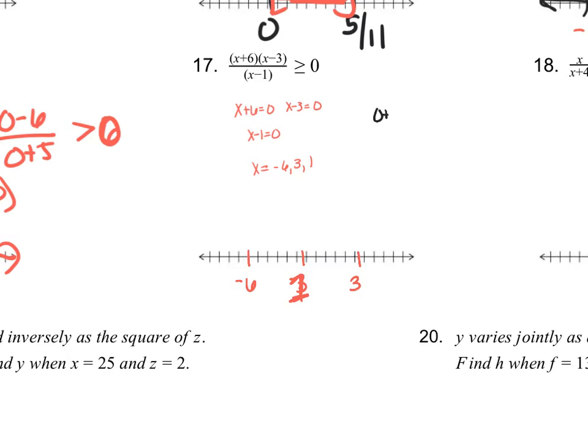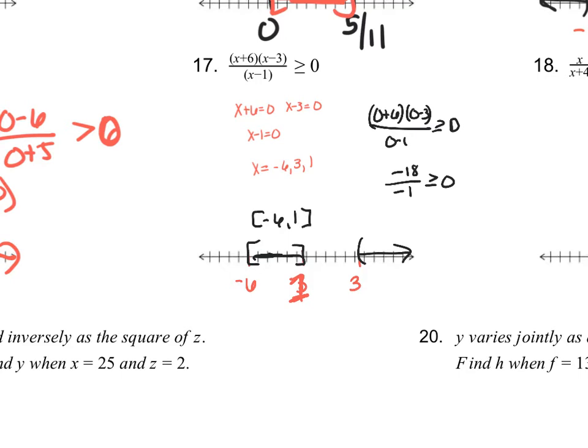So 0 plus 6 times 0 minus 3 over 0 minus 1 should be greater than or equal to 0. So we get negative 18 over negative 1 is greater than or equal to 0. So this guy's going to work and this guy's going to work. So that's negative 6 to 1 and 3 to infinity.